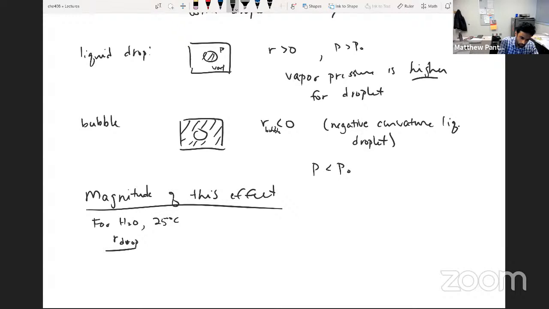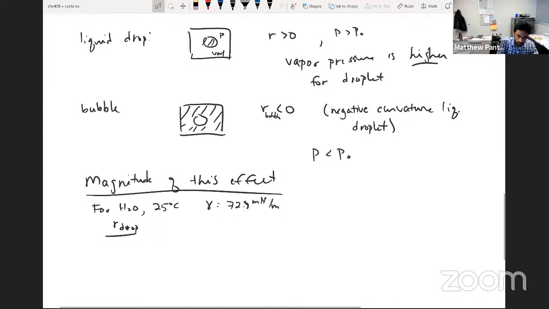And remember, surface tension here is 72.8 millinewton per meter. So let's scale this down from, say, a micron size droplet, 100 nanometers, and 1 nanometer. And let's look at this P over P naught, the ratio of the vapor pressure for the droplet versus the vapor pressure for a bulk system.